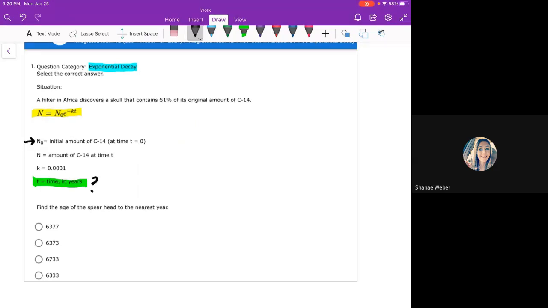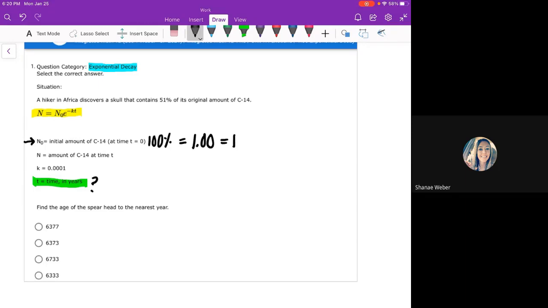That means at the very beginning, that skull had 100% of its C14. And how we write 100% as a decimal is 1.00, or you can just write it as 1. So our N sub 0 is 1. And I think that's the trickiest part of this whole thing.